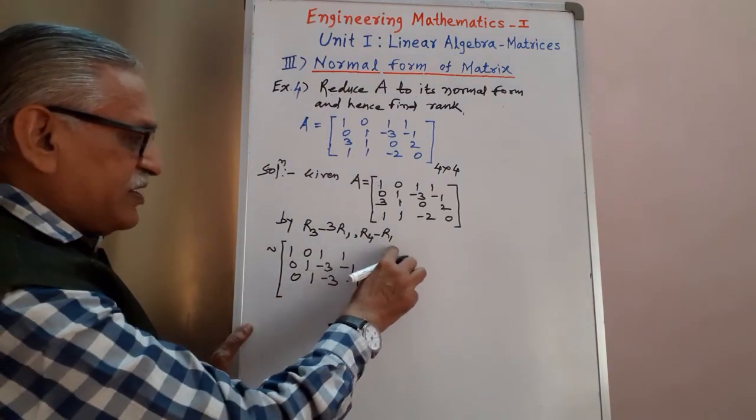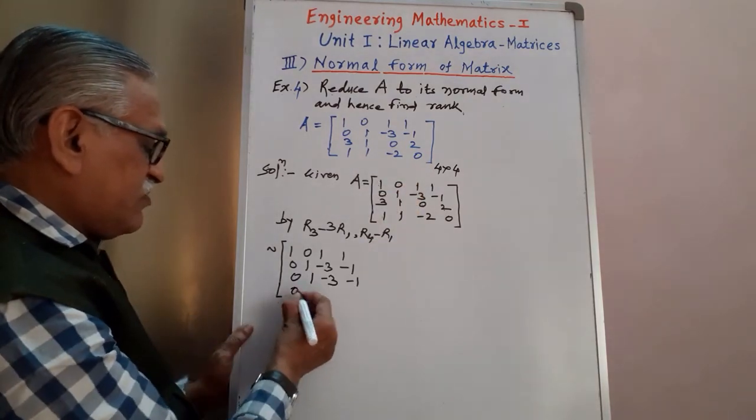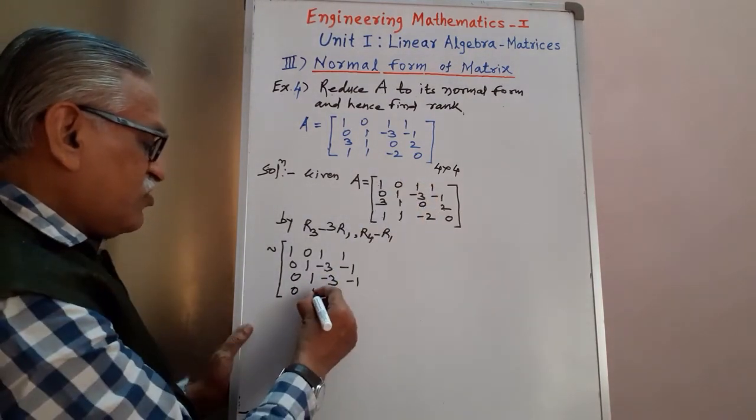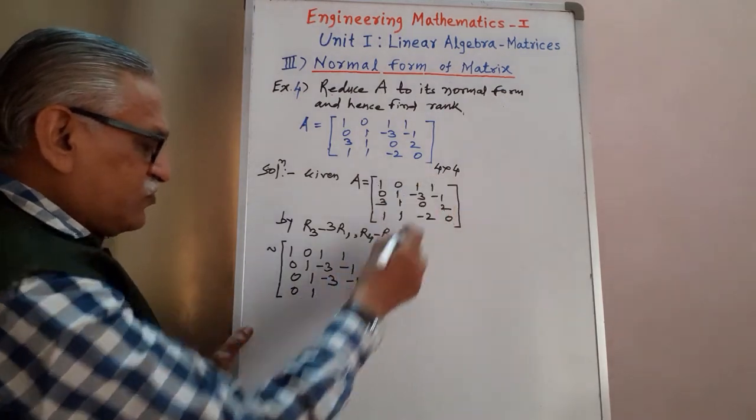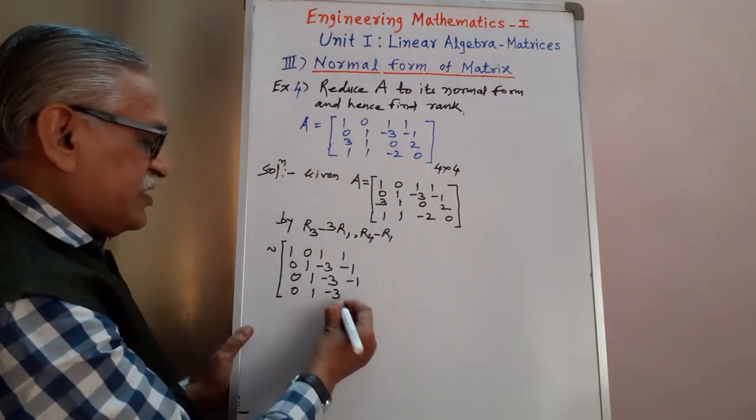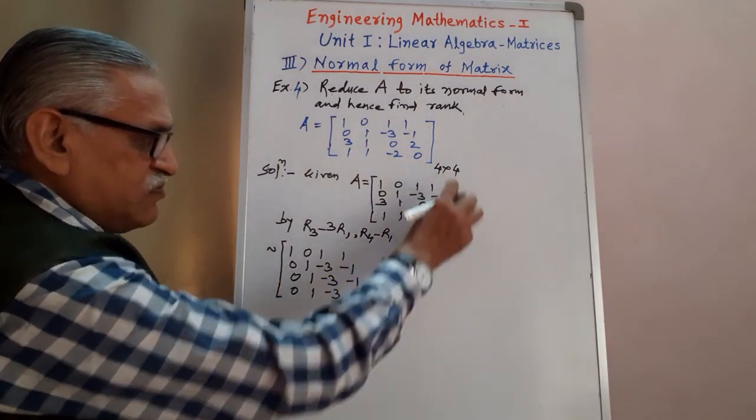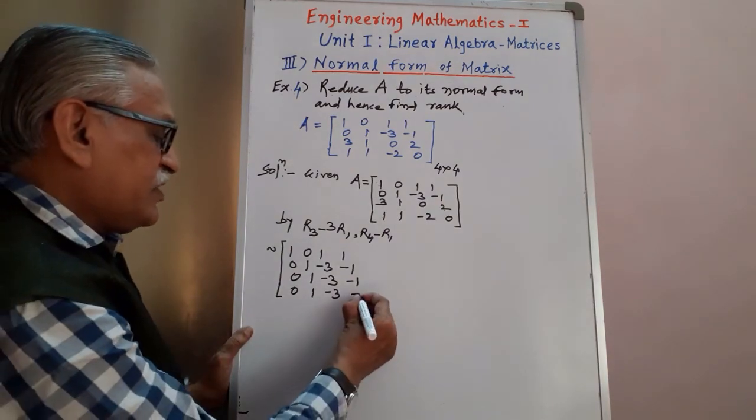Then this R4 minus R1. 1 minus 1, we get 0. 1 minus 0, 1. 2 minus 1... minus 2 minus 1, we get minus 3. And 0 minus 1, we get minus 1.